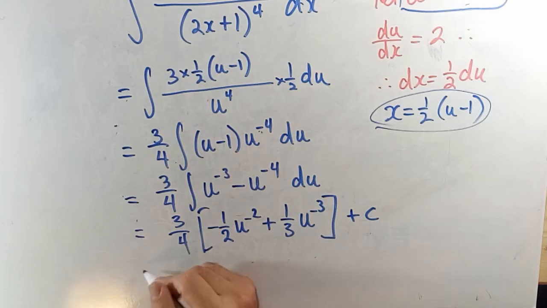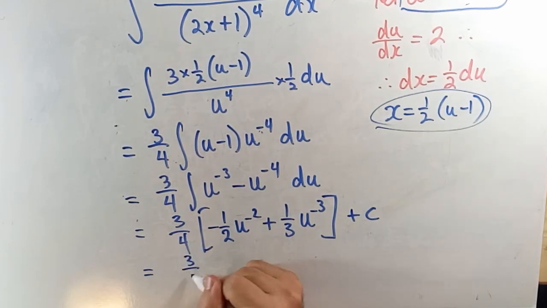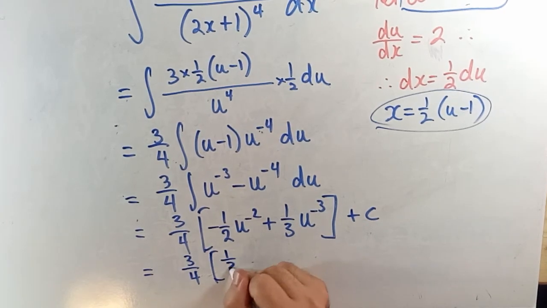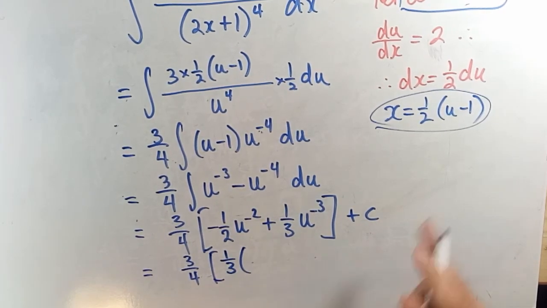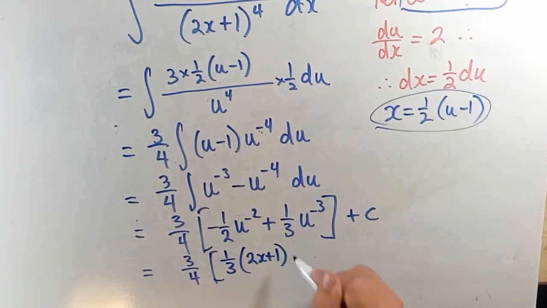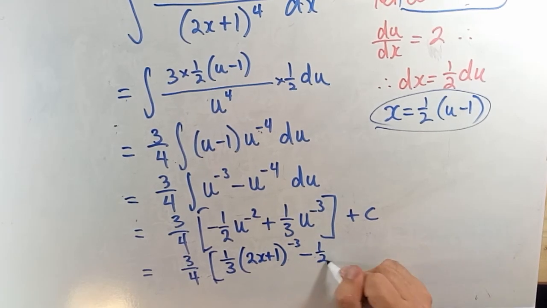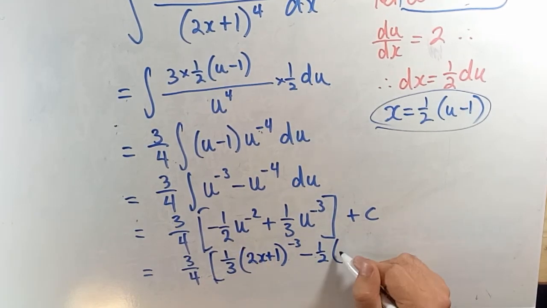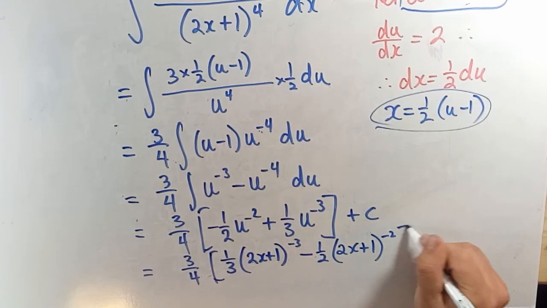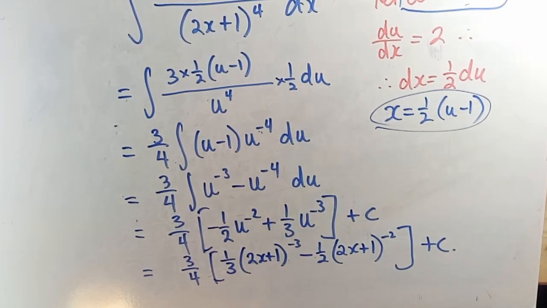And just substitute back in. 3 on 4. Let's write this one first because it's positive, that's always nicer. What's our u? 2x plus 1 to the negative 3, minus 1/2 of, we're doing this one now, 2x plus 1 to the negative 2, plus c.